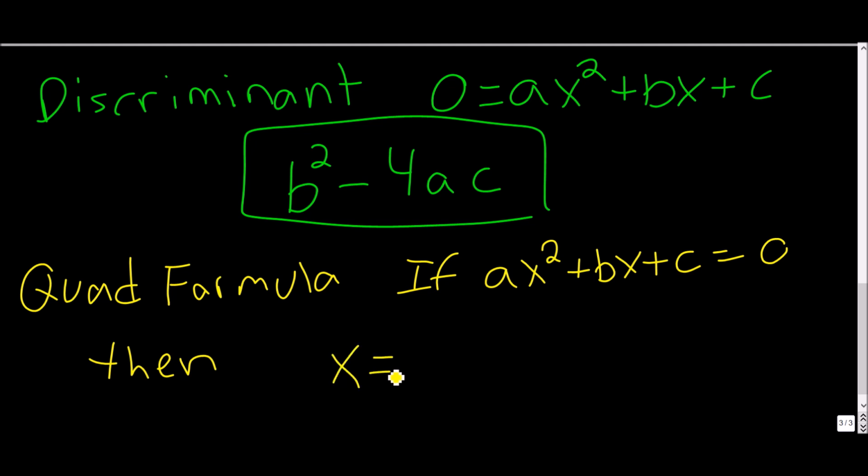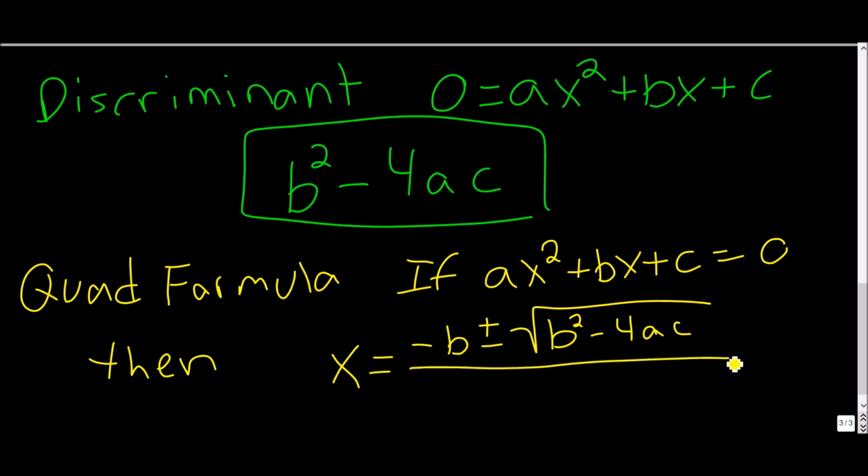Negative b plus or minus the square root of our discriminant, which is b squared minus 4ac. I want to note that the discriminant by itself doesn't have the square root. We actually take the square root of the discriminant in the quadratic formula. And then lastly, we divide by 2a, that entire part. So all of these things get used at different points in time. I want to make sure we go over those pretty quickly in a very concise way so that we understand what's going on. All of these things do tie together very well.